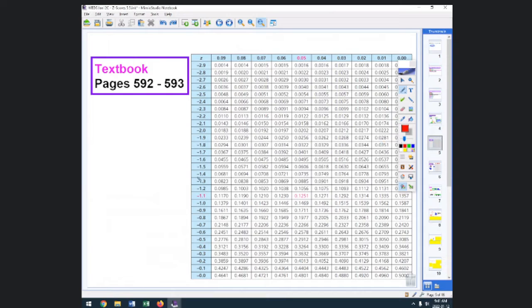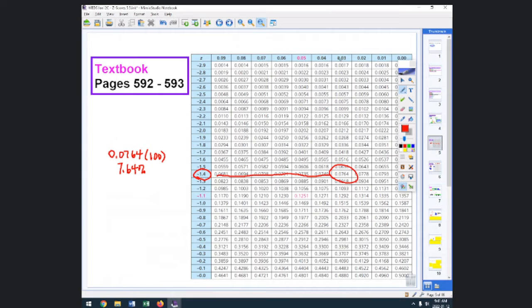Let me grab the pen. Here's -1.4, and I think it was 3, so I have to go all the way over till I get to 3. So I have 0.0764. To make that a percent, I multiply it by 100, which is 7.64%.